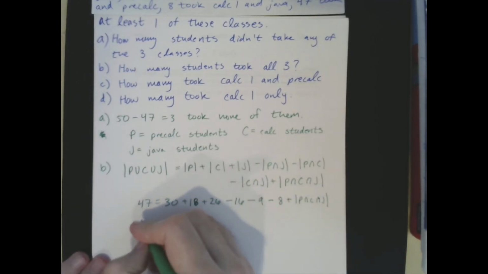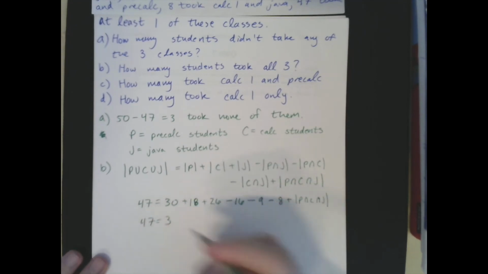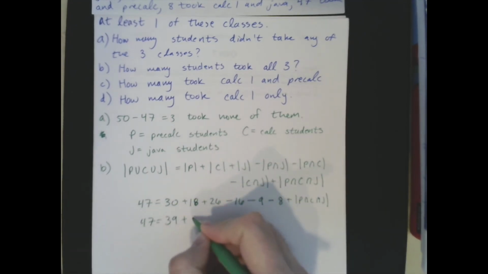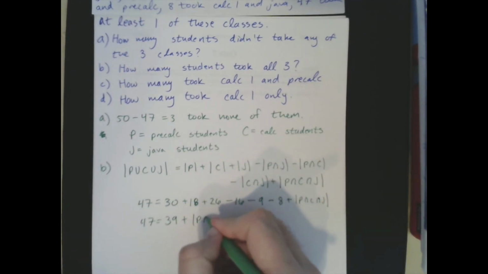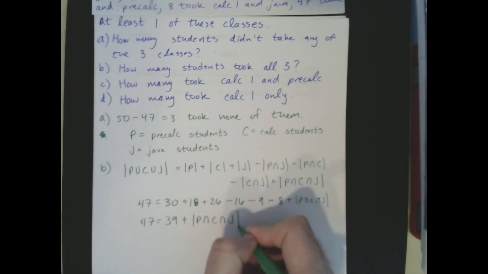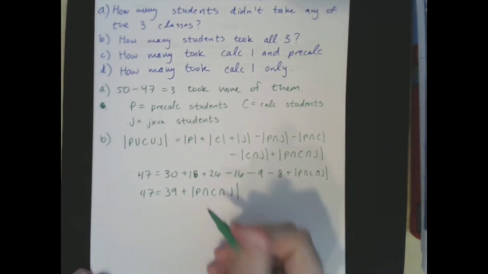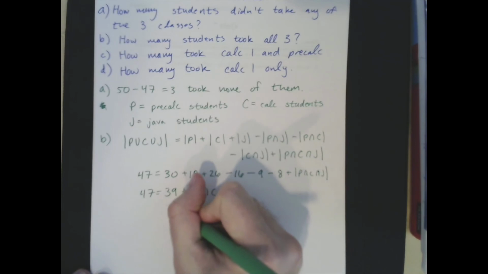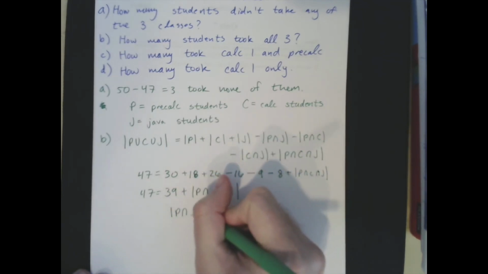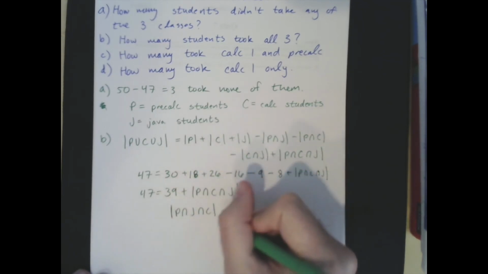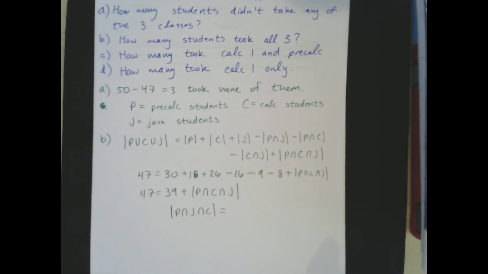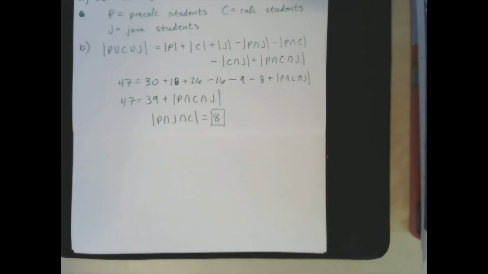So adding these up, we have 47, this is 39, plus the number we care about, P intersect C intersect J. And so that means that P intersect C intersect J is going to be 8. We're missing 8 students. And so this is our final answer, is 8.